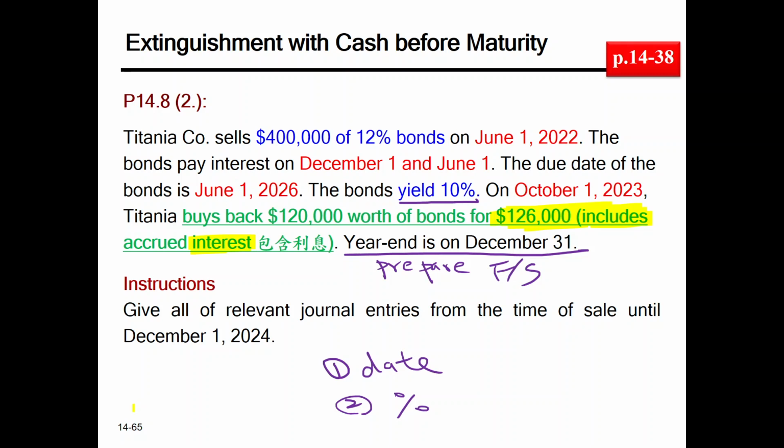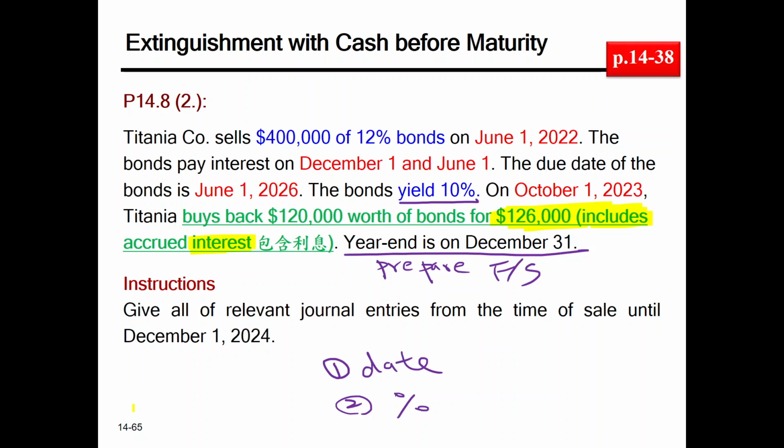Second additional issue, our issue date and interest payment date, they are the same or not? They are the same. So you don't need to worry about the second issue, but you have to worry about the first issue. Okay? So that's only for the bond.